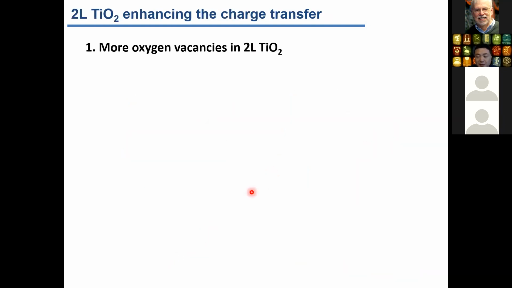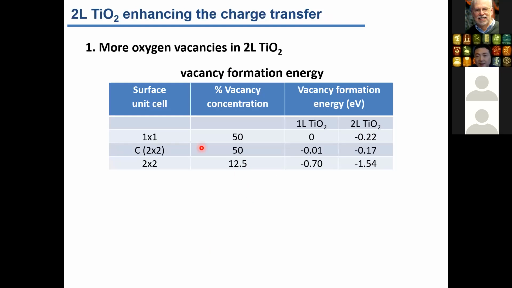We found two reasons. The first reason is that the vacancy formation energies in the two cases are different, so we always tend to get more oxygen vacancies in the two-layer case. Here we calculate the vacancy formation energy for the one-layer and two-layer cases and for different structures, and we set this number to be 0.